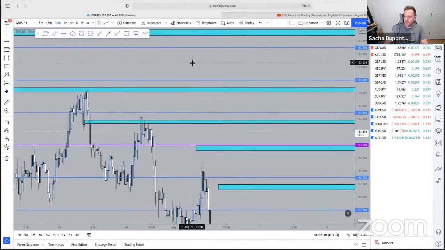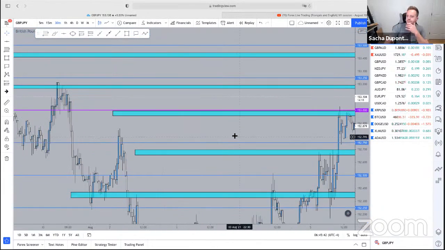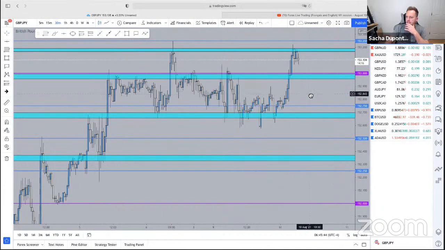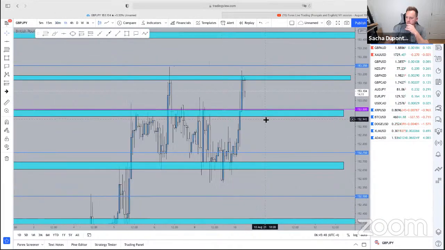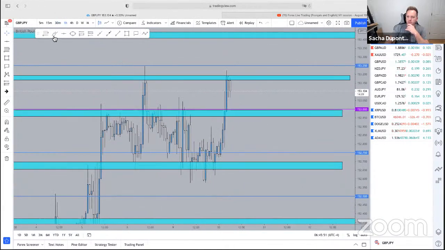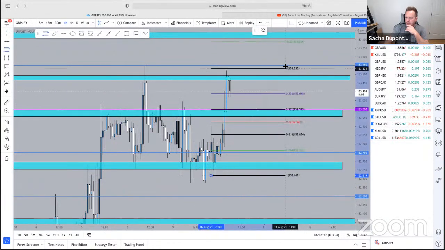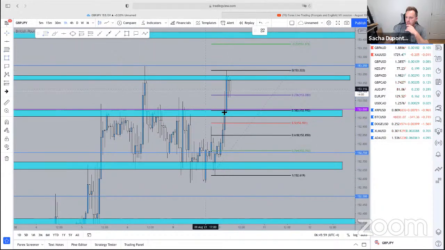And update up here. Perfect. All right, good. Excellent. So now we can actually use our friend Fibbo. And let's see now, this is the start of the push. And we have our golden zone right here.